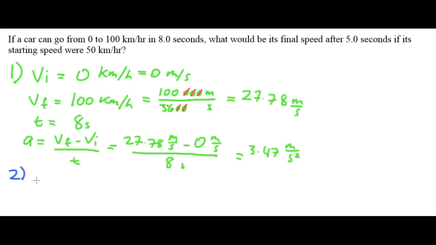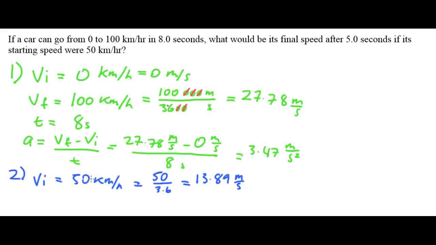So our initial speed is 50 kilometers per hour. If we use that beautiful brand new number to convert that to meters per second, it's 50 divided by 3.6, which is 13.89 meters per second.